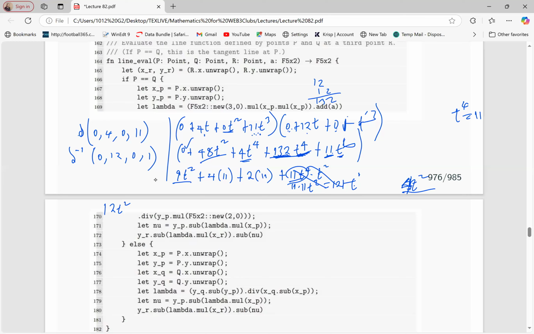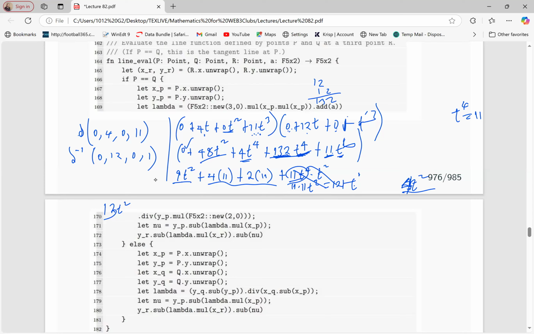So 4 plus 9 will be 13, so 13t squared. What about this? That is 44 plus 22, which is 66. 13 into that goes there 5 times.